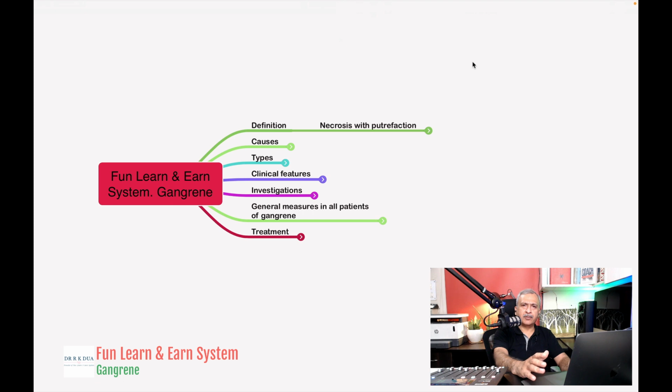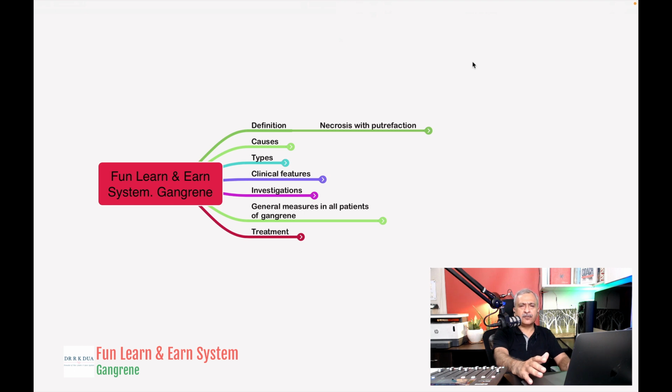Because in diabetes, there is a good culture medium in the tissues because of dead tissues and high blood sugar concentration. So these are the two factors that lead to wet gangrene, as well as the involvement of both veins and arteries in diabetes.